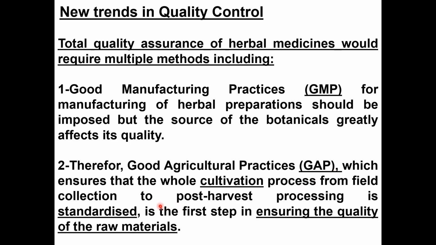This means that we have to ensure the whole cultivation process from the field collection to post-harvest processing is standardized. This GAP process is aiming at ensuring the quality of the raw material, which will be subsequently used to prepare the therapeutic form of the drug.